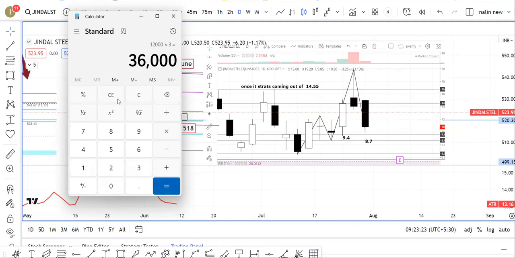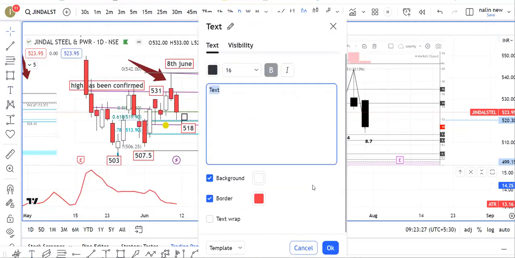Okay. Let me write this down: 36,000 rupees.